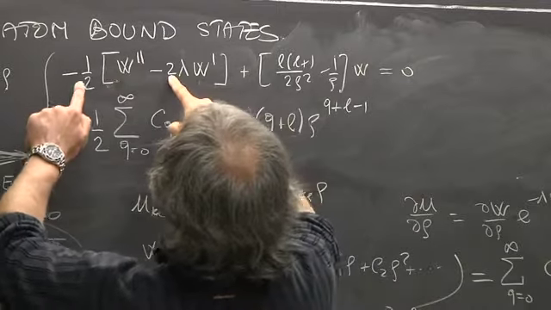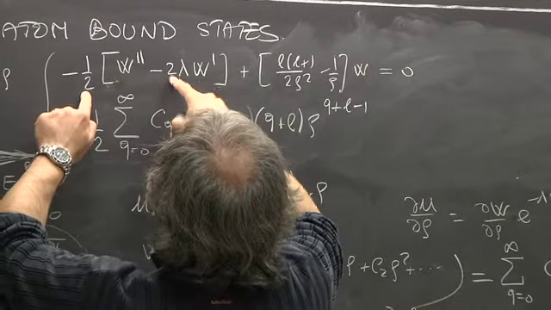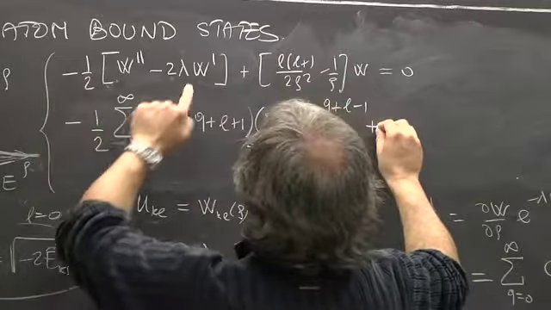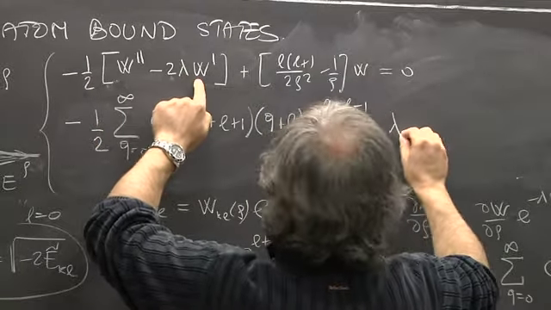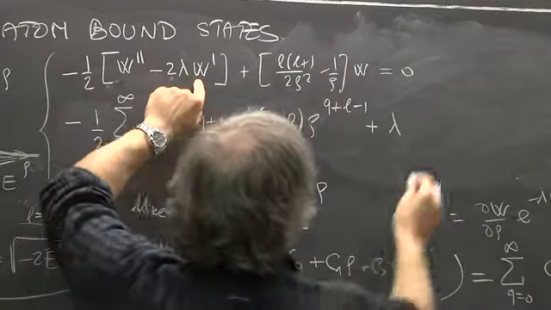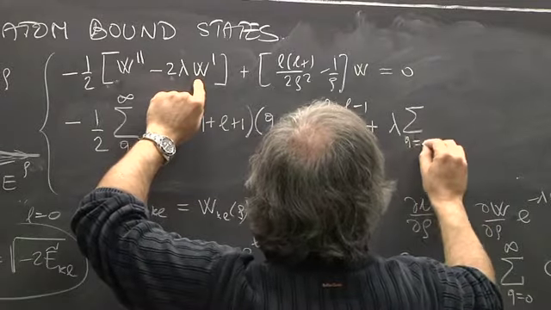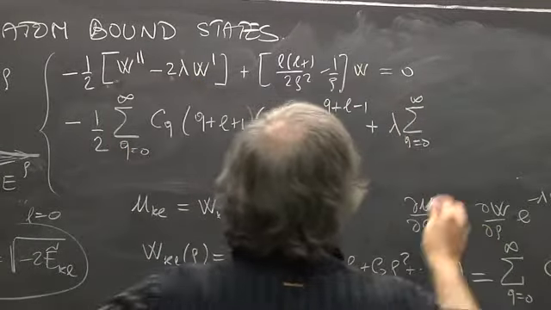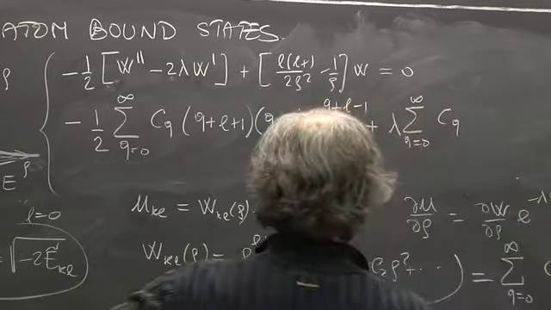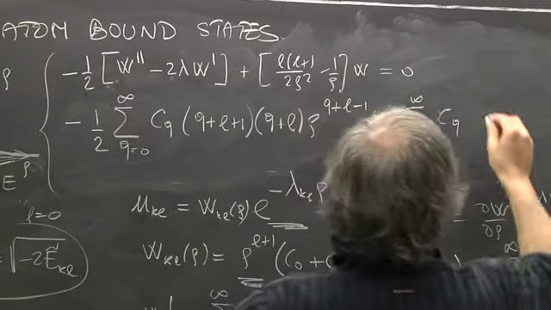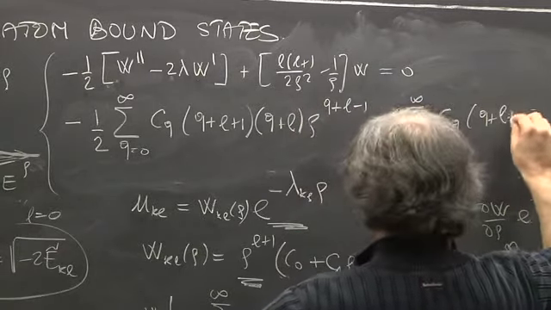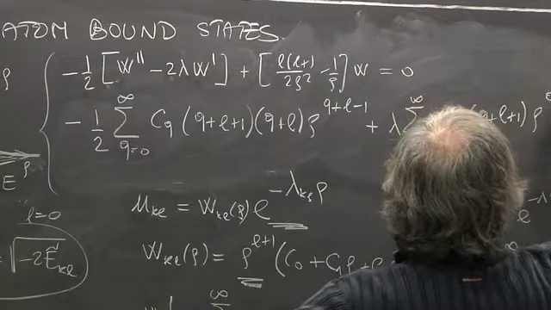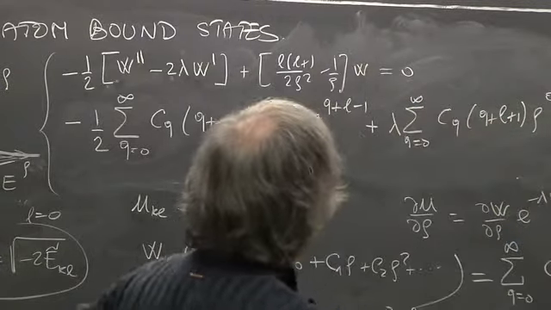Then I have minus and minus is a plus, 2 and 2 go, so I have plus λ, the first derivative, which is this: the sum over q from 0 to infinity of c_q (q+l+1) ρ^(q+l).